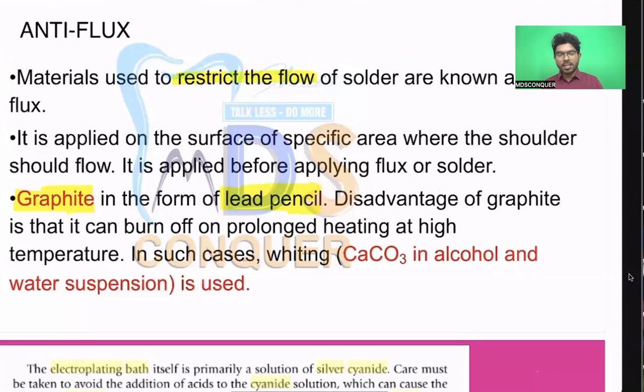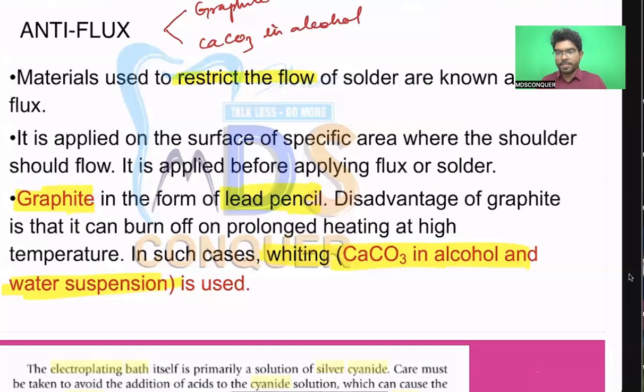The disadvantage is that when you heat it for a prolonged time at a higher temperature, it will burn off and give discoloration. The second anti-flux is called a whitening agent, which is CaCO3 in alcohol and water suspension. So you have two: graphite and CaCO3 in alcohol.